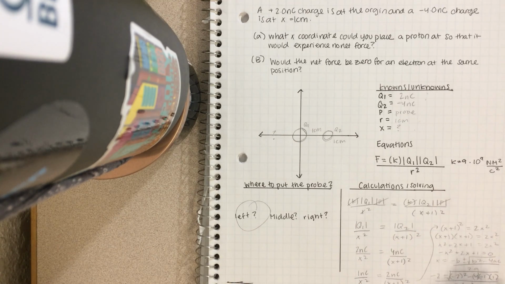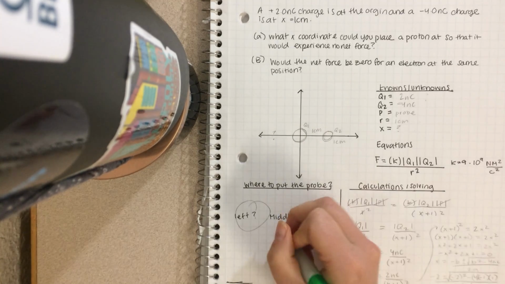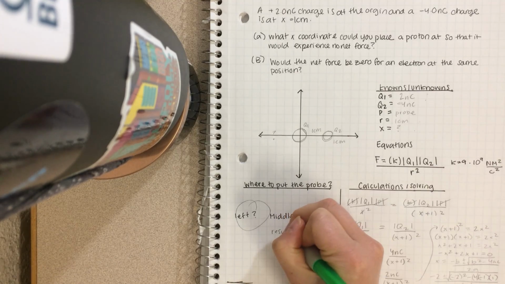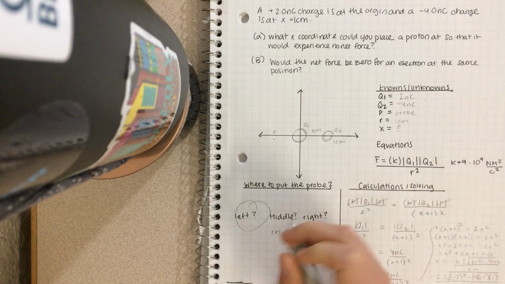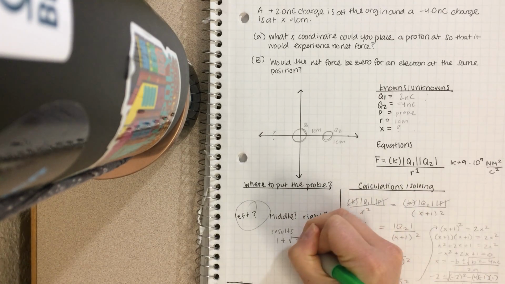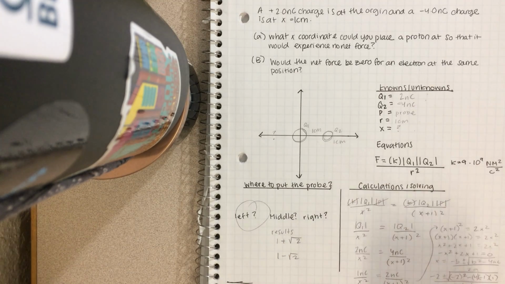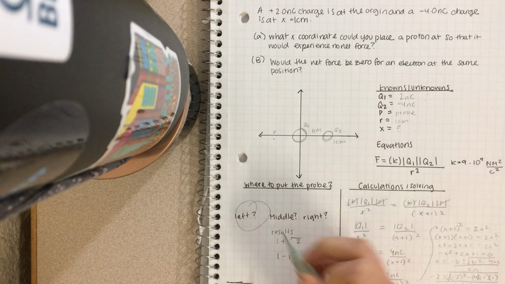So if you simplify this, you're going to end up with two results. One is going to be 1 plus the square root of 2, and the other is going to be 1 minus the square root of 2. So we can use one of these and we can't use the other.